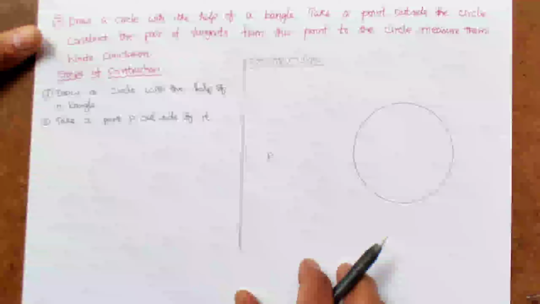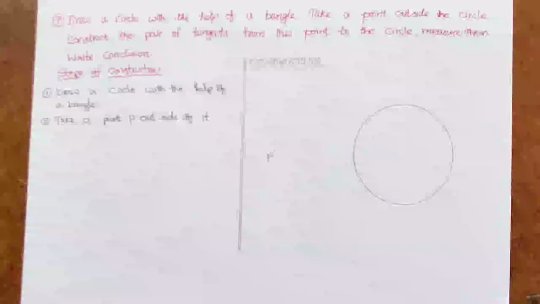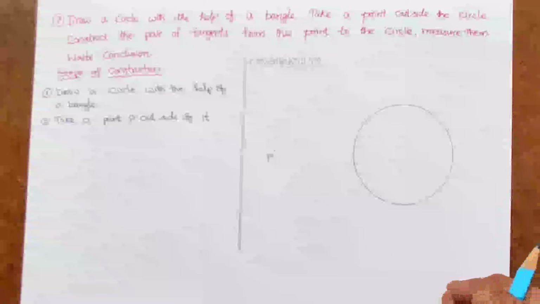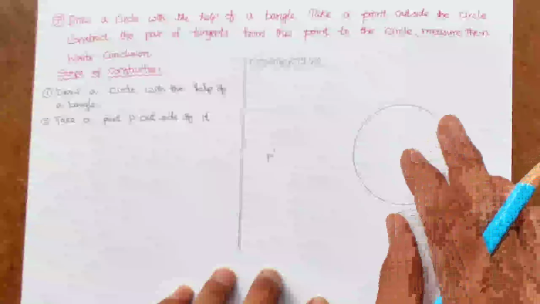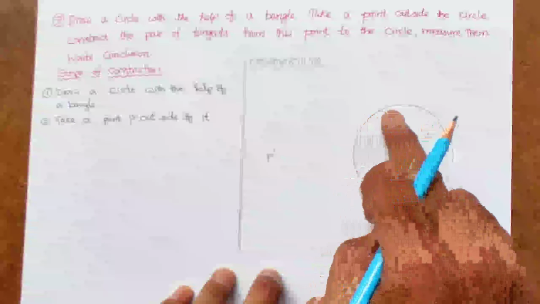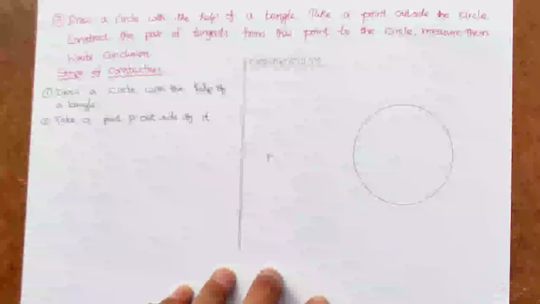Right. Here the main thing is that now we are going to find the center of the circle. Here it is very easy. Follow the steps carefully. Here we have to draw two chords. You may draw parallel chords or intersecting chords. However you want, you can draw.